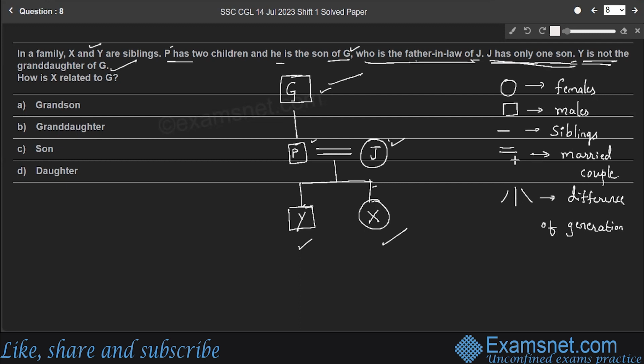According to the statement, J has only one son who is Y, and X and Y are siblings. The question is, how is X related to G? X is the granddaughter of G. That means son's daughter becomes granddaughter. Therefore, X is the granddaughter of G. Option B is the right answer.